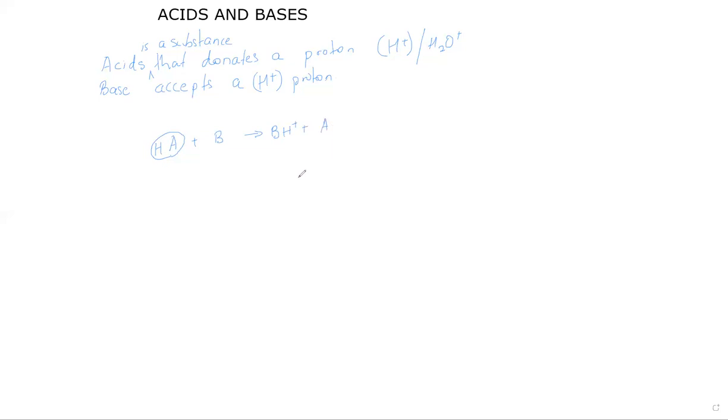Or you can also have HA plus a B that has the potential to accept a proton. That becomes BH plus A.